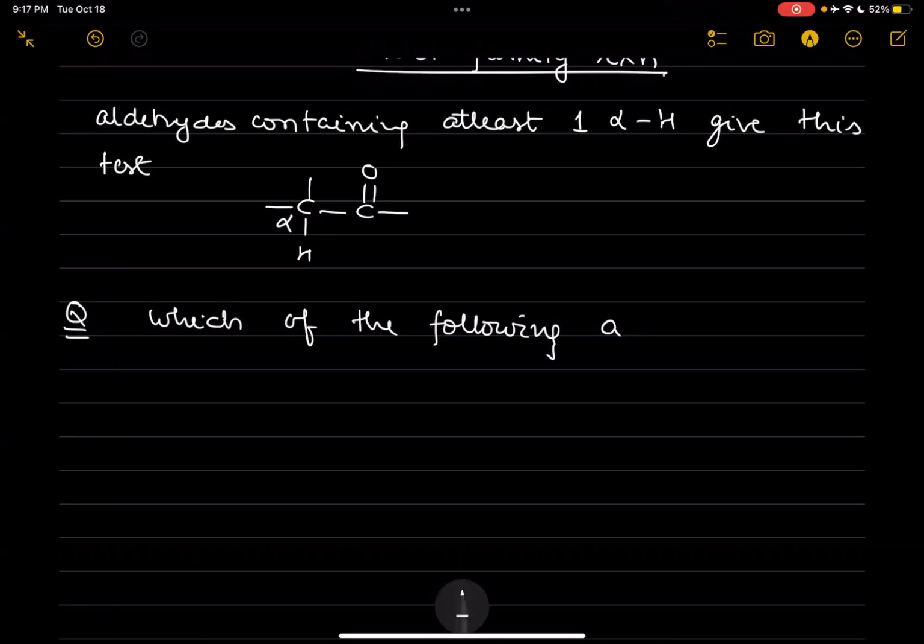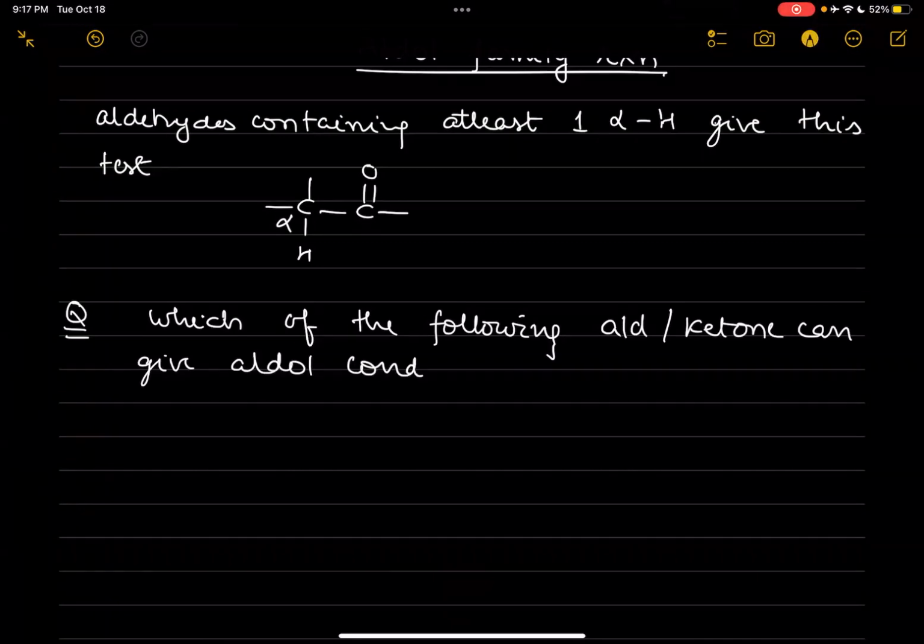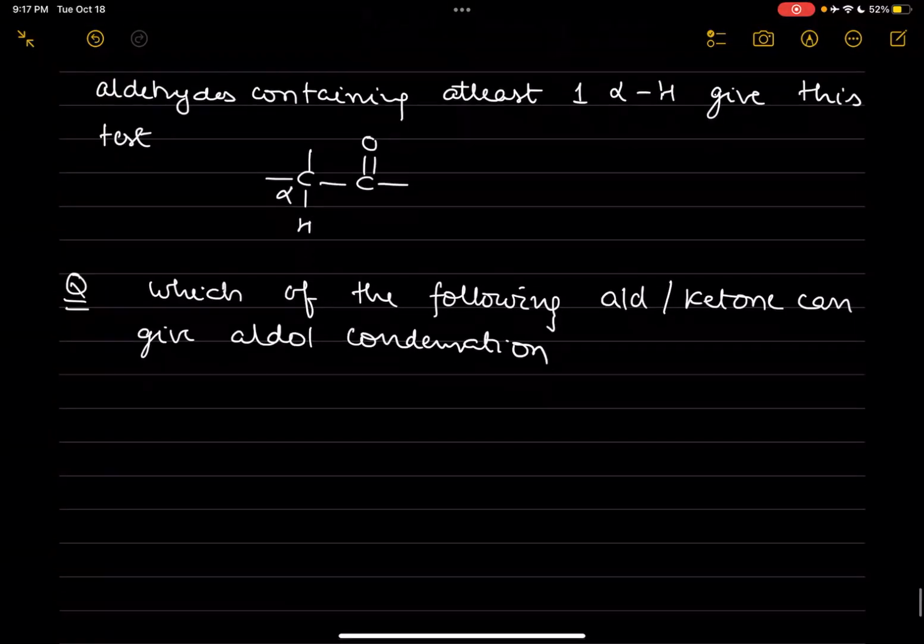So which of the following aldehydes and ketones give aldol condensation? Right? Yes, sir.